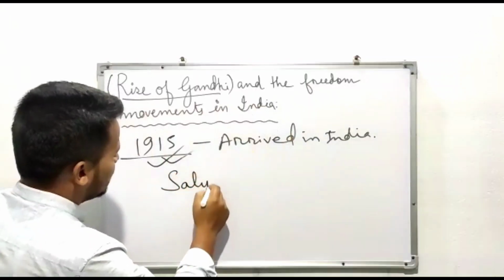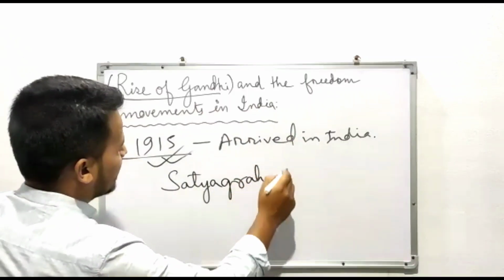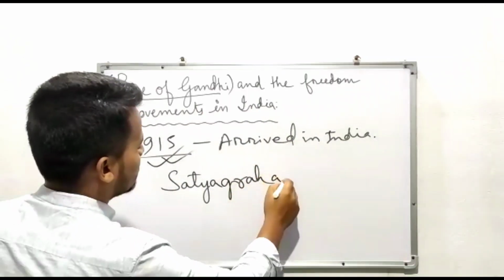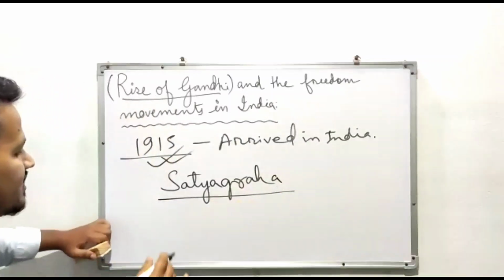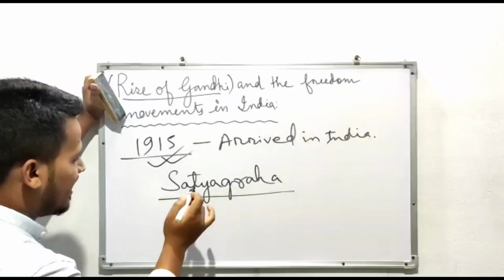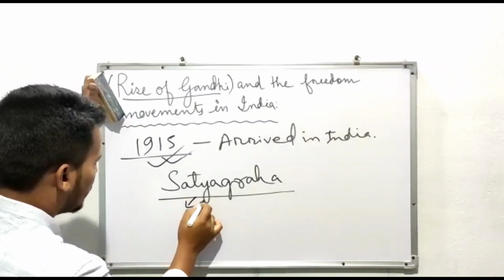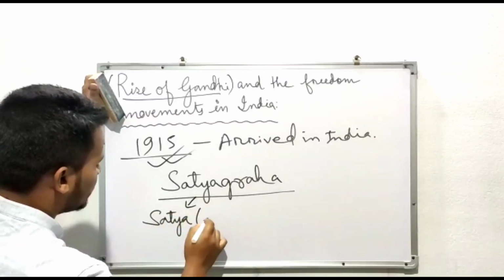So this term Satyagraha is very important in Indian political history. This word Satyagraha has two words, that means this word has been derived from two roots. Number one, Satya. Satya means truth.